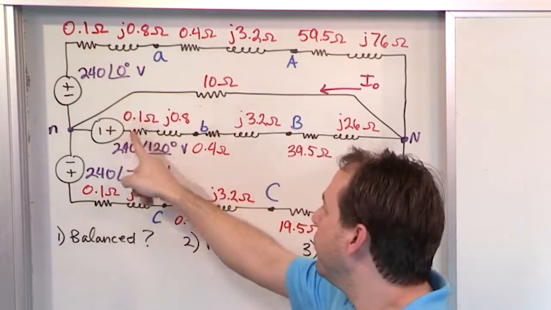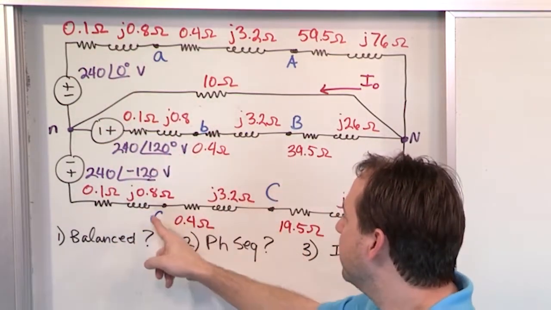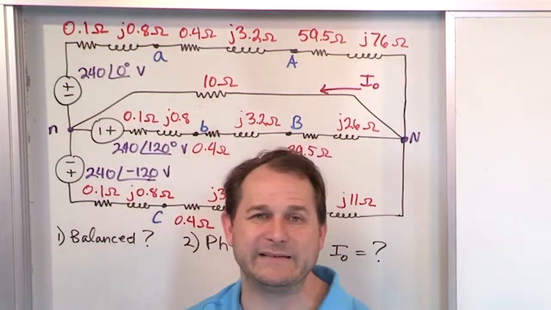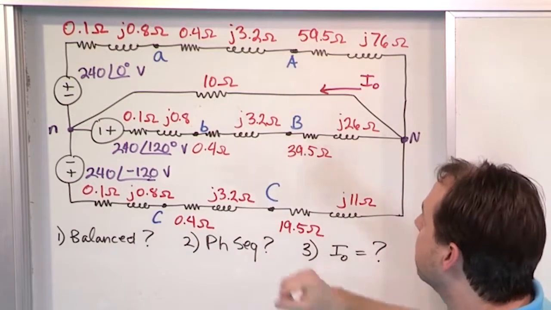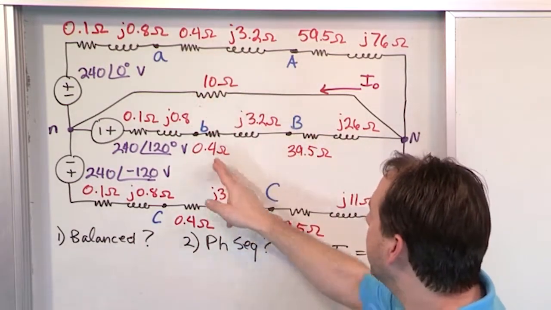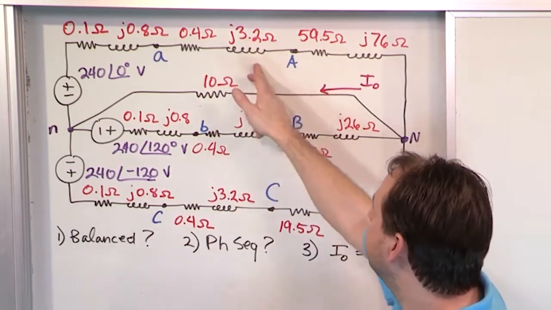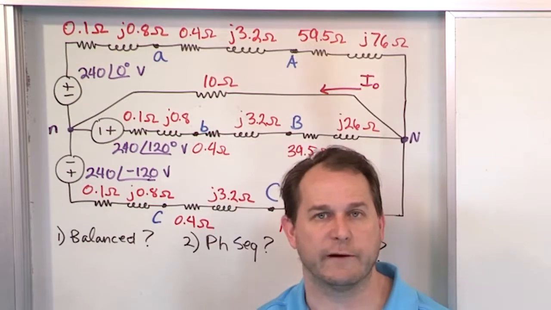So 0.1 ohm, 0.1 ohm, 0.1 ohm, j0.8 ohm, j0.8 ohm, j0.8 ohm. So the source impedances are all the same for all three sources, so that's good. Then the line impedances on all three phases have to be the same. 0.4, 0.4, 0.4, that's good. 3.2, 3.2, 3.2 for the inductances, that's all correct.